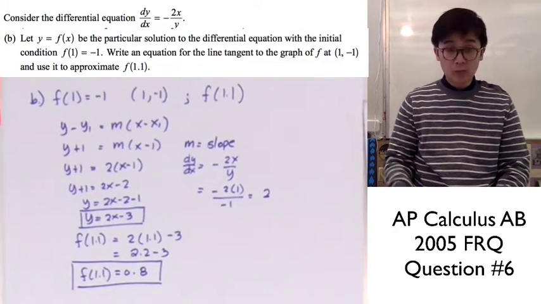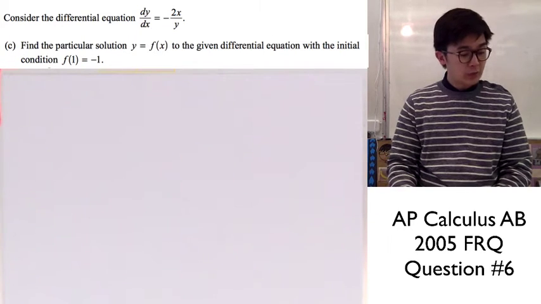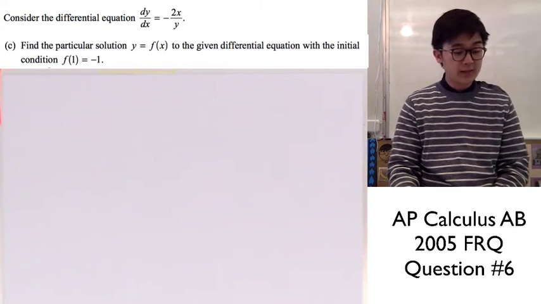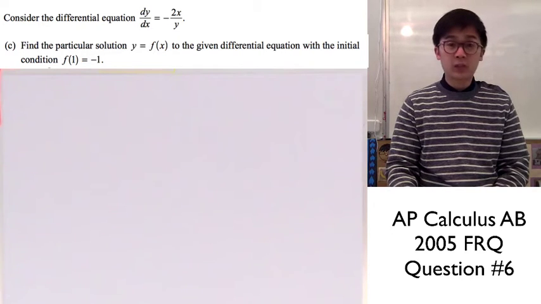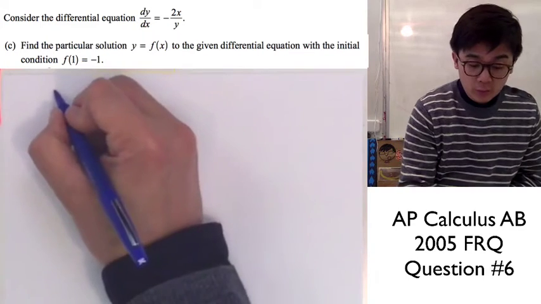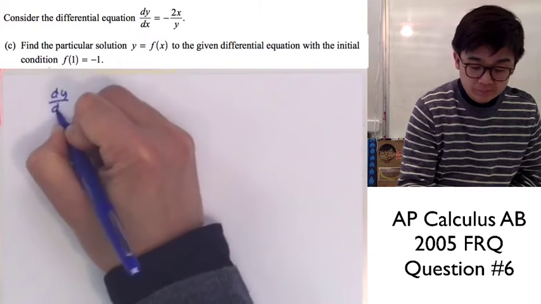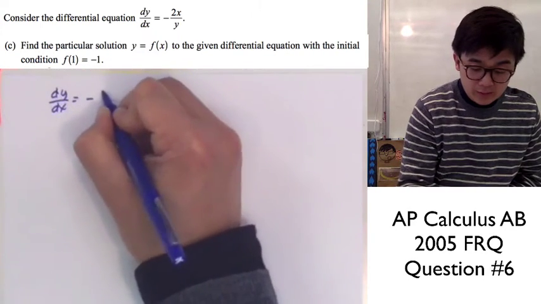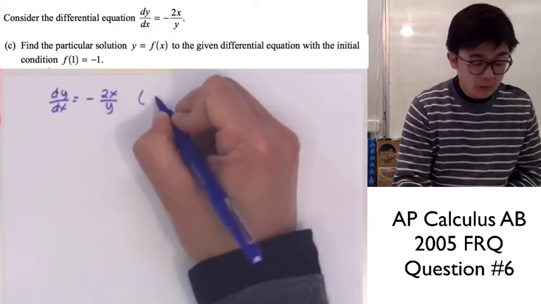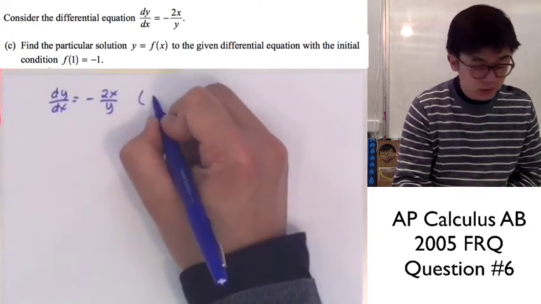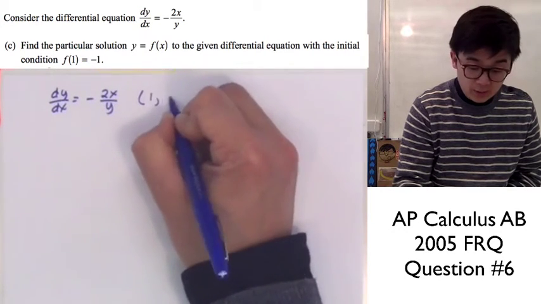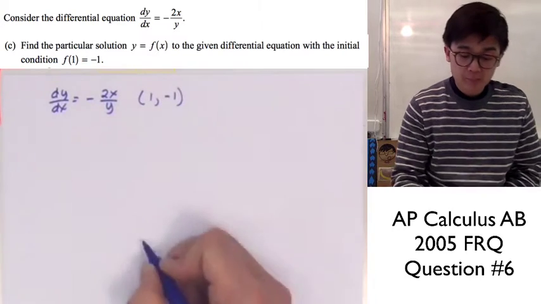And to answer problem letter C, we need to find the particular solution of y equals f of x, given the initial condition of f of 1 is equal to -1. So our differential equation is dy/dx equals negative 2x all over y. And we need to find the particular solution at f of 1 equals -1, therefore x is equal to 1 and y is -1.